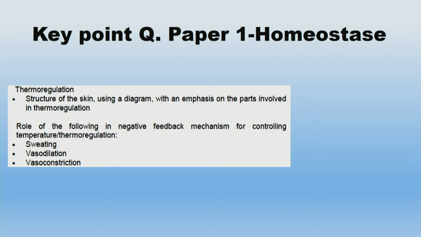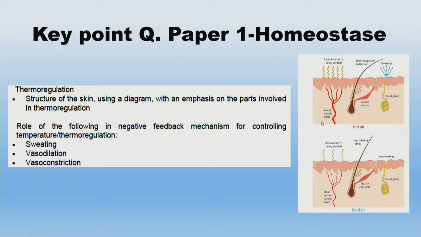So again, under homeostasis, just make sure that you revise the structure of the skin by using a diagram, with an emphasis on the parts which are involved in thermoregulation. And then the role of the following in the negative feedback mechanism for controlling temperature: the role of sweating, vasodilation, and also vasoconstriction.